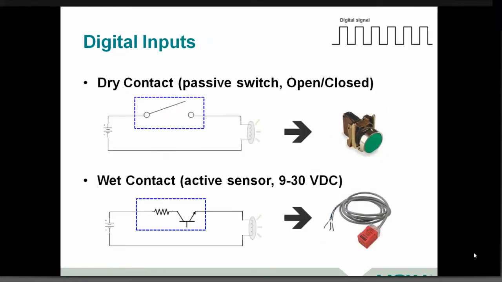Let's take a couple of looks at those. When we talk about inputs, we're talking about things like a push button that says, is this system running or stopped? An input might be a proximity sensor: is there a product in place to do a machining process or not? Again, on-off status.